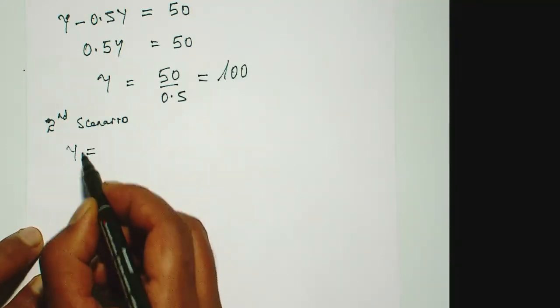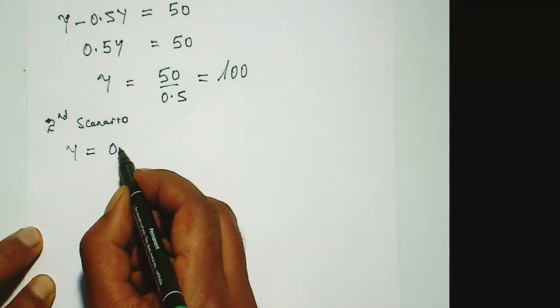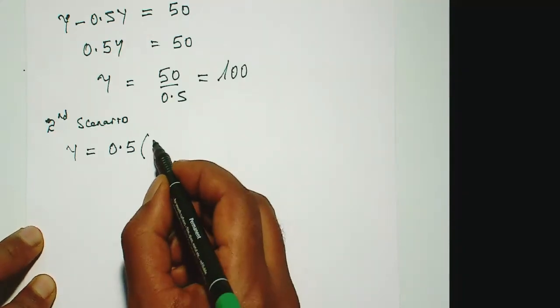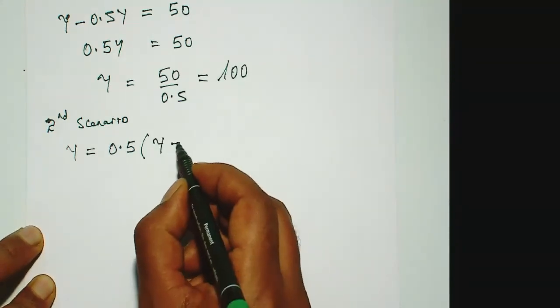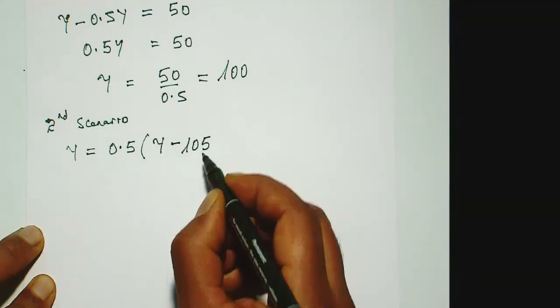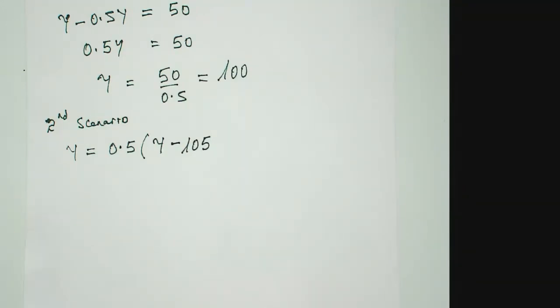So here again I would write the initial condition. I still have 0.5 for my marginal propensity to consume. Income would be Y, minus taxes have changed, so we have 105 because we had dT equal to 5.